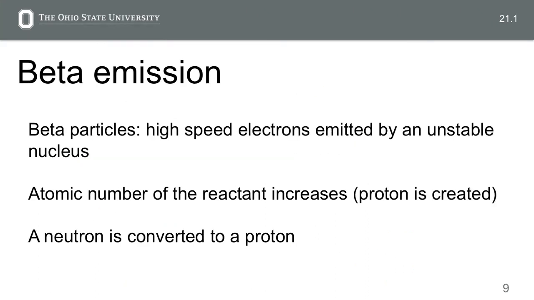Okay, so beta emission. Here we're going to give off a beta particle, which is a high-speed electron. Again, the symbol for electron is e with a -1 atomic number and 0 for the mass number. In beta emission, we have high-speed electrons emitted by an unstable nucleus.